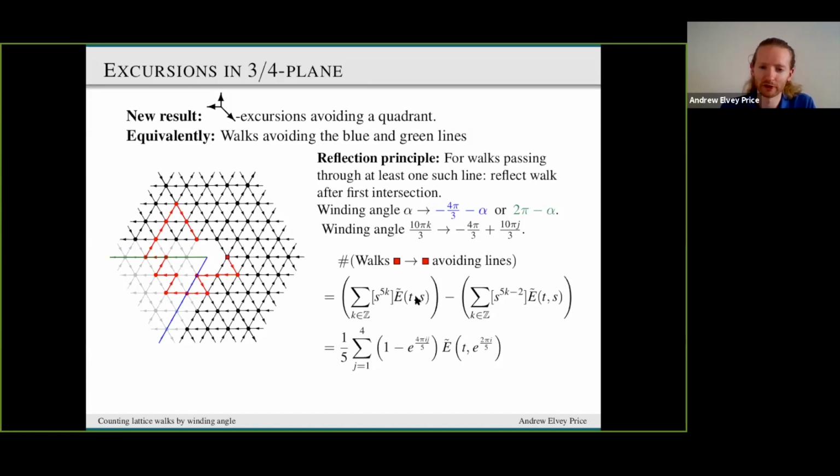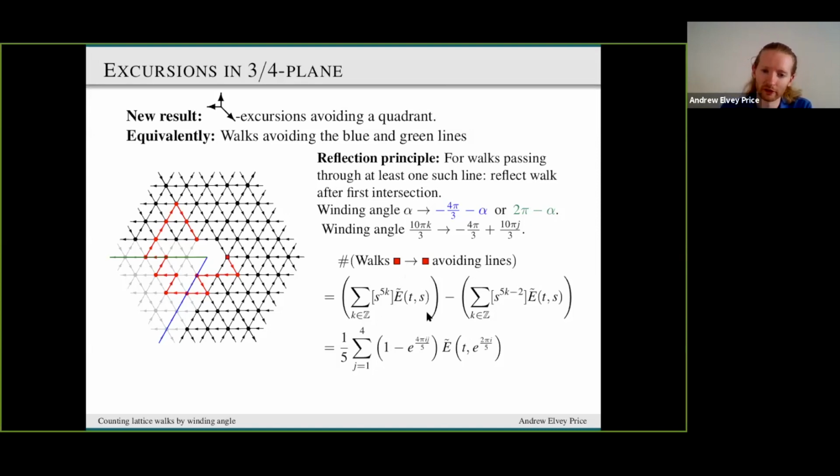And so the difference is just the walks which have winding angle a multiple of this, which then has to be 0, which don't pass through either of the 2 lines. Okay, so we get this equation for excursions that don't pass through either of these 2 lines, which is what we wanted to count.